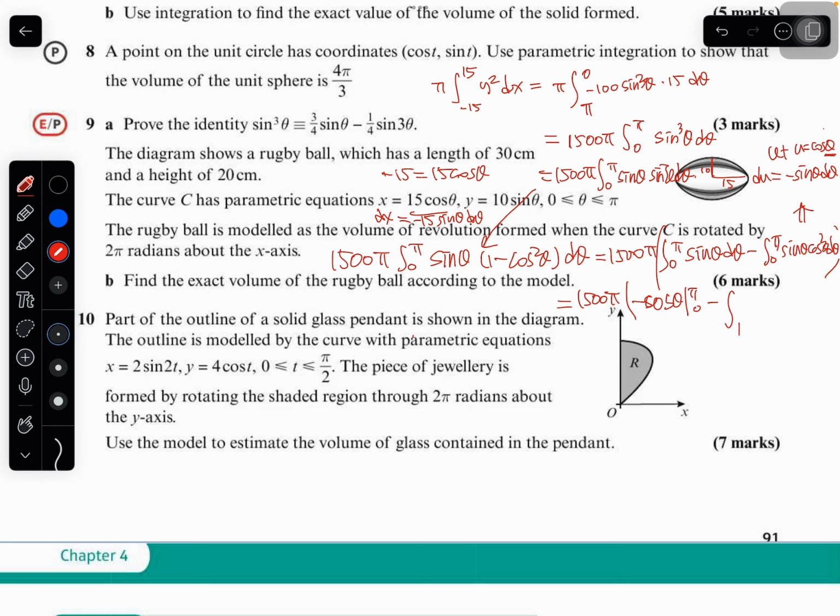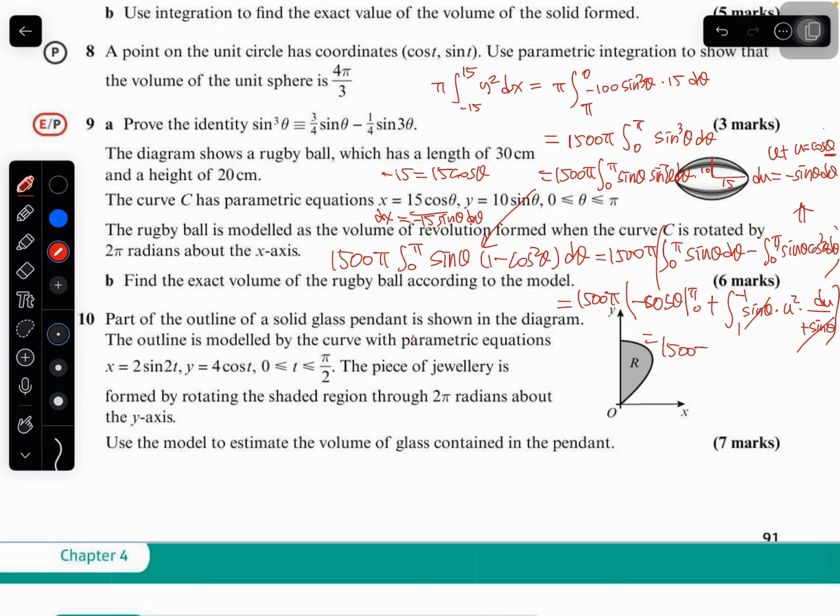When theta becomes pi, u equals negative 1. So sine theta times u squared times d theta is negative sine theta du. So we don't have it anymore, and this can be plus.